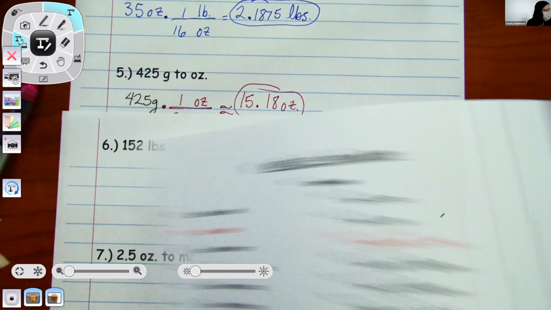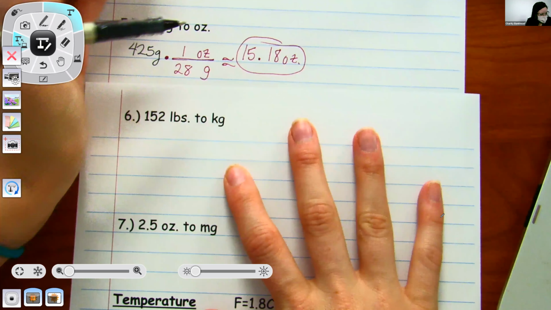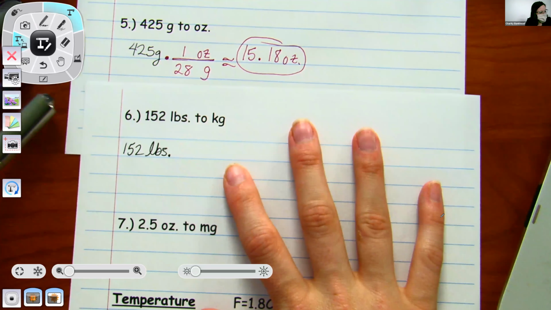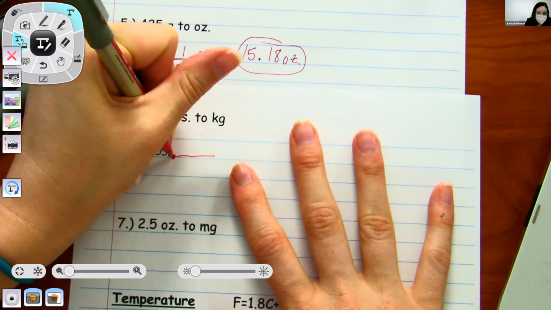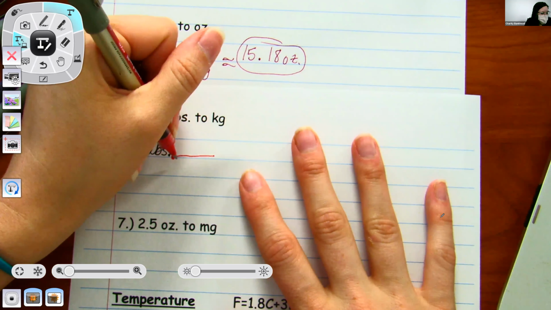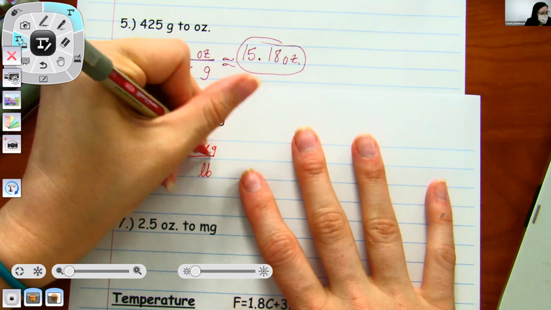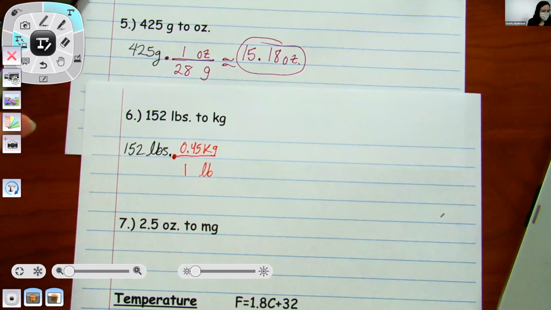So we have 152 pounds, and 1 pound equals 0.45 kilograms. So 152 times 0.45. That's 68.4 kilograms.